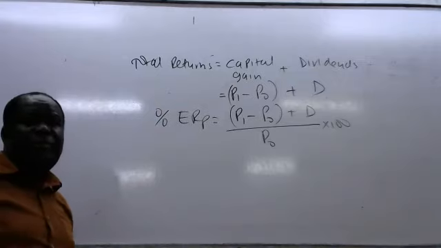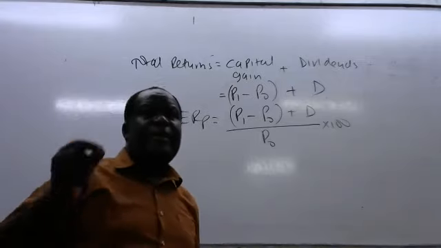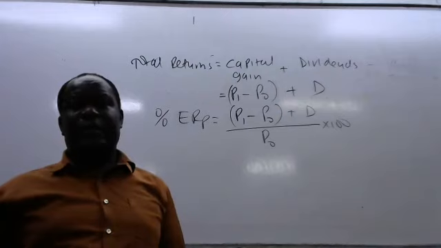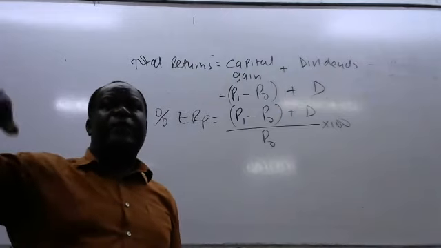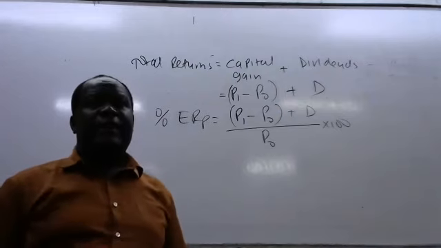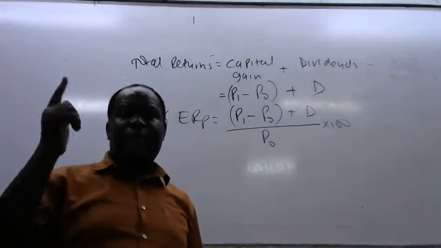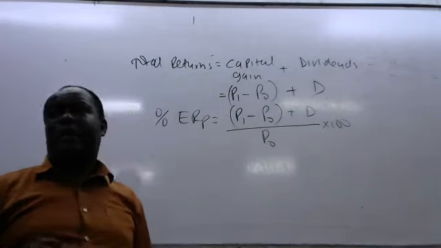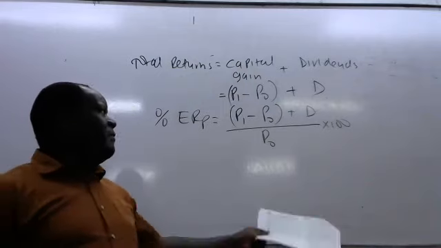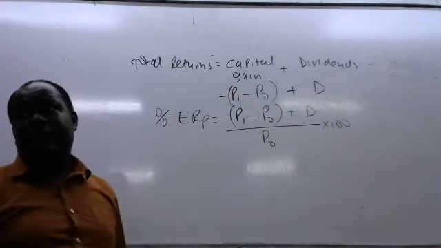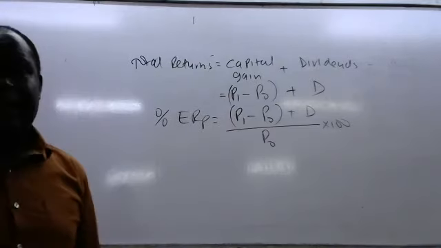The capital gain is the value of the share at the end of the year minus its value at the beginning, the appreciation in value. Then you add the dividend you will be paid at the end of the year, and divide by the price at the beginning of the year to get the total return.